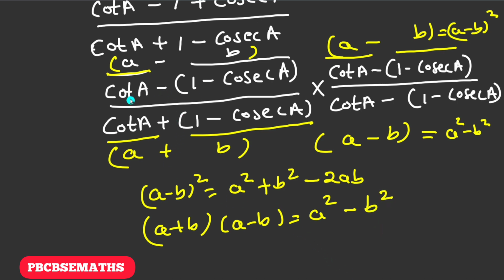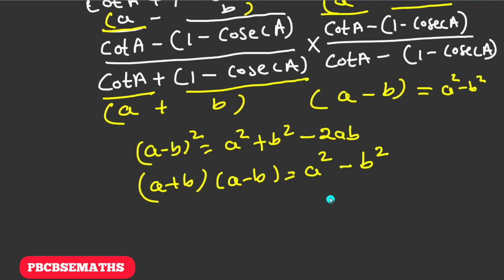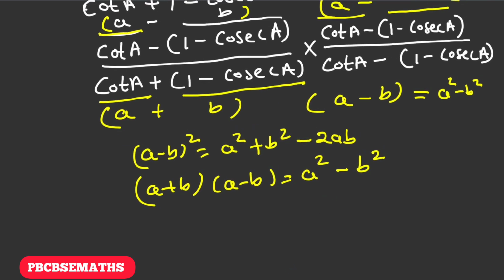So let's write this numerator part and this denominator part with respect to these two algebraic identities. Then we can write this numerator part as (A minus B) into (A minus B), that is (A minus B) whole square.